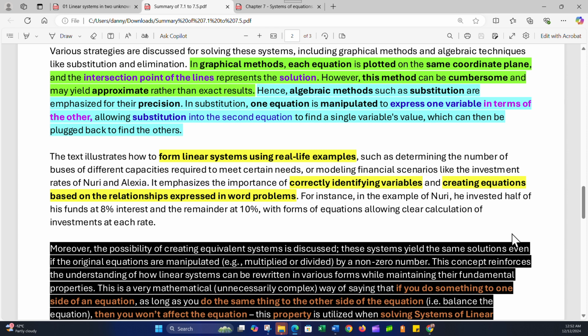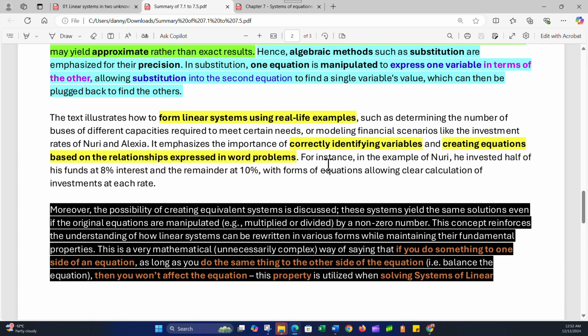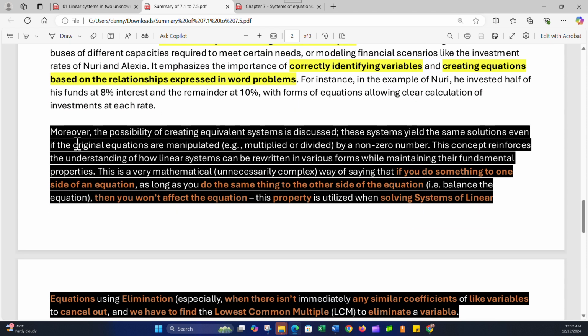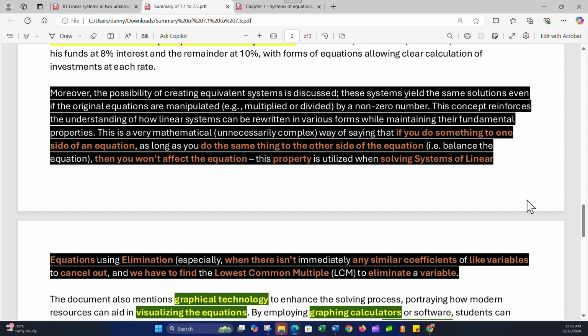That example is a real-world scenario that we were able to model with linear equations. That's their purpose, like modeling financial scenarios such as the investment rates in one of the examples. It emphasizes the importance of correctly identifying variables and creating equations based on the relationships expressed in the word problems. I'm skipping the rest because that's just a specific example.